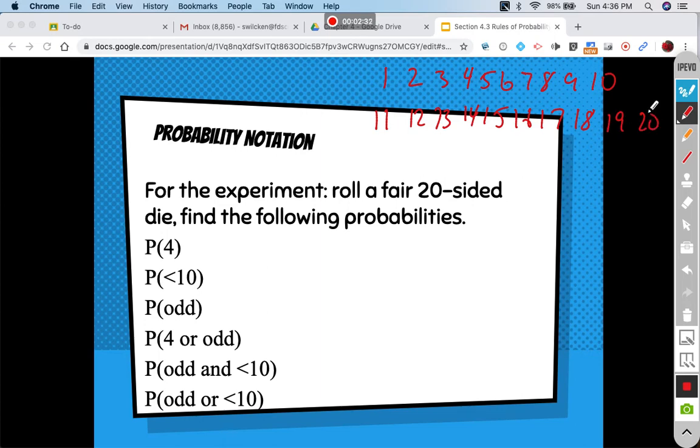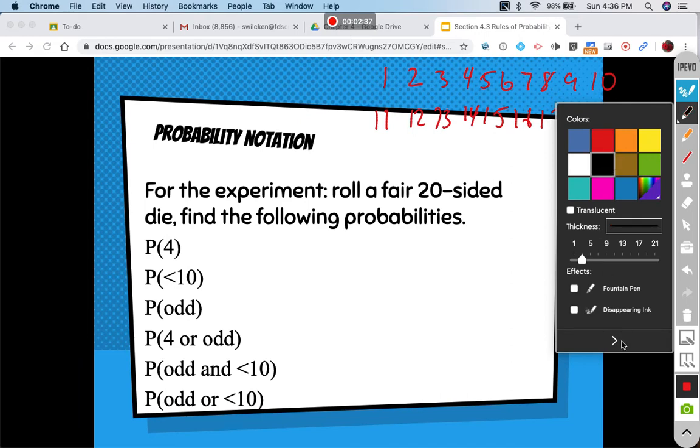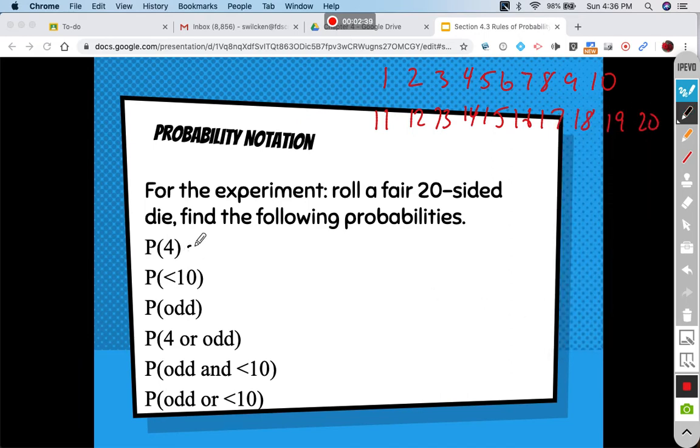So that's all my possible inputs from there, and I start working on these. P of 4 is the probability that I get a 4. There's only 1 out of 20. My probability is 1 out of 20 or 0.05.